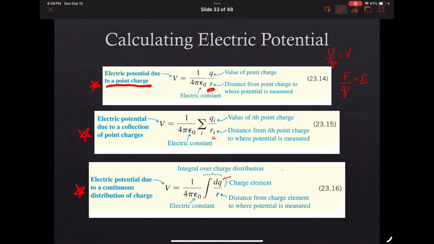So if we had a line charge, our dq would still be equal to lambda dx or dy, wherever our line charge is located. And now, of course, we're going to be integrating with respect to r instead of r squared, and we express the r in terms of our integrable variables. So r would just be the distance from that dq to where we want to know the potential.